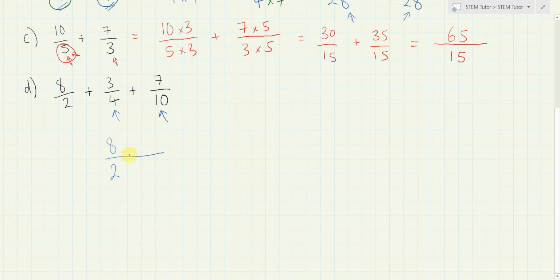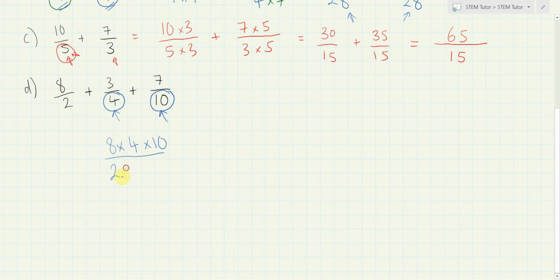So it would become 8 multiplied by 4 multiplied by 10. So 4 and 10. Okay, so you exclude this 2 because this is the fraction that we're working with, and you multiply it by the denominator of the other fraction. So if there was another fraction here, then you'd use that denominator as well in this multiplication.